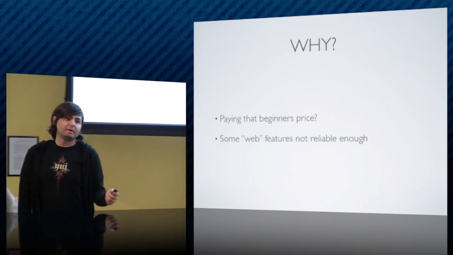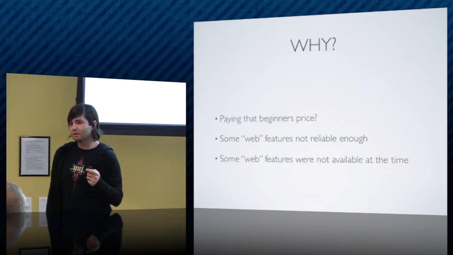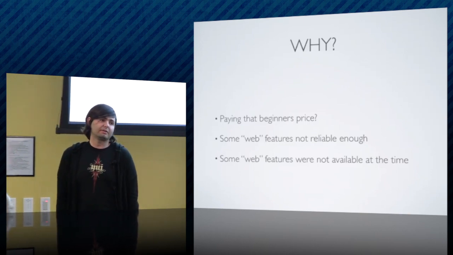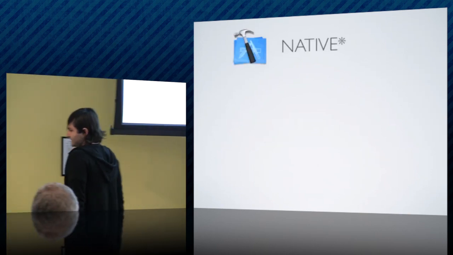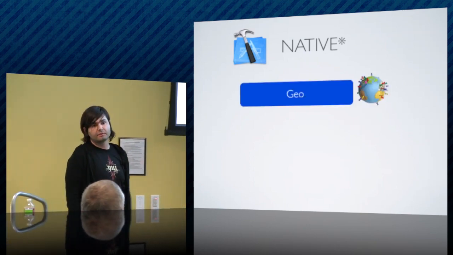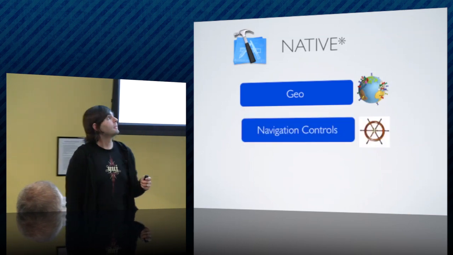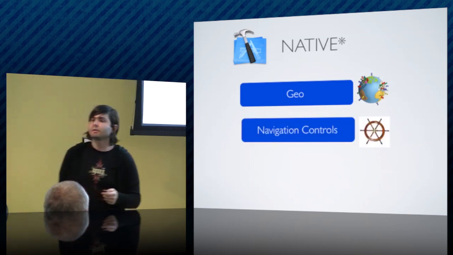Some of the web technologies, some of the features that we wanted to use weren't reliable, and some of them were actually not there. So what we use native for is anything that has to do with geolocation, anything that means navigating through the app.